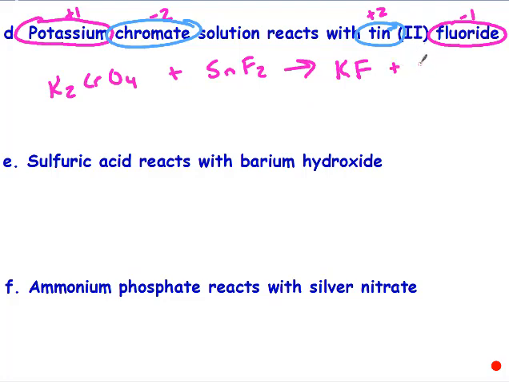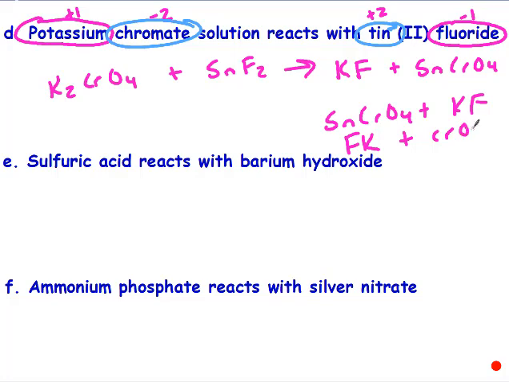And tin should go with chromate, so SnCrO4. Just FYI, if you'd written your products like this, that also is correct. What would be incorrect is if you put FK plus CrO4Sn. You have to write the positive one first, so that would not be correct.